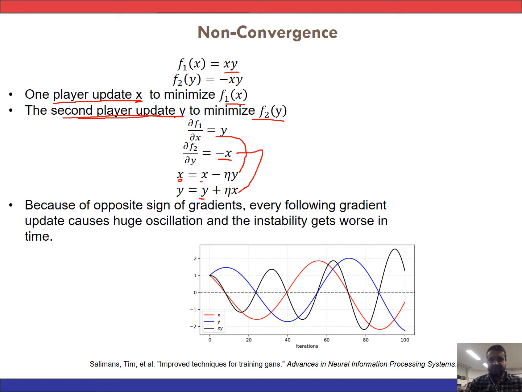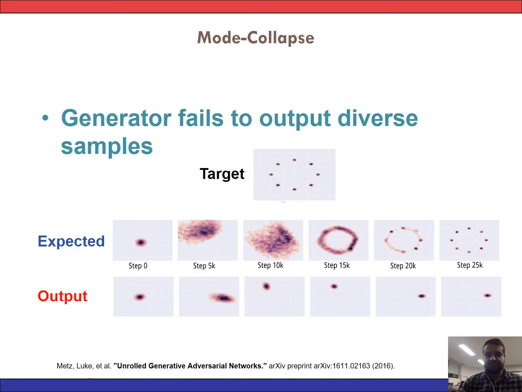Actually this is a minus sign, but minus with this minus x becomes plus, so plus learning rate times x. Because of this opposite sign, with every gradient step the oscillation increases like this. Initially it is small, but as the gradient is in the opposite sign, with the passage of time it increases, and it does not converge to its optimal solution.